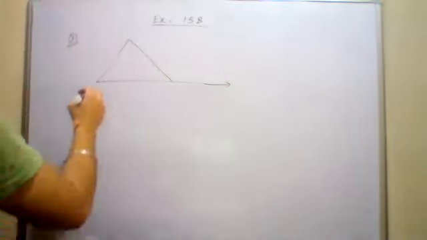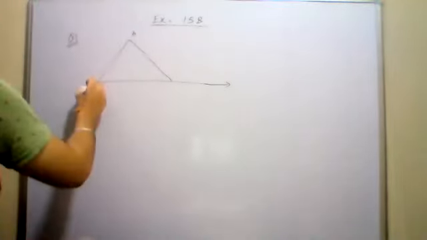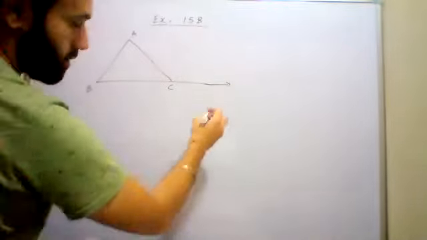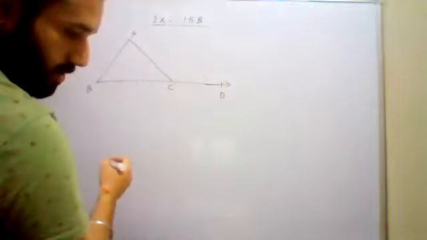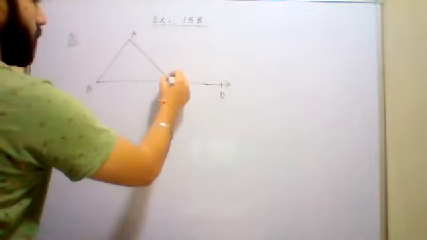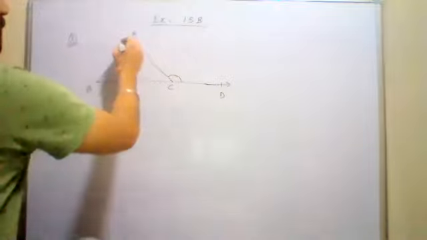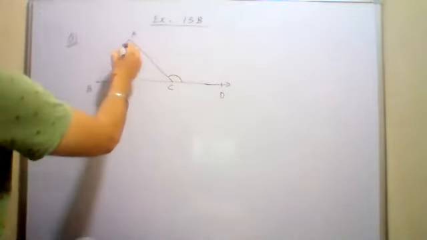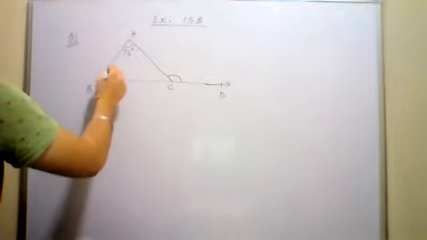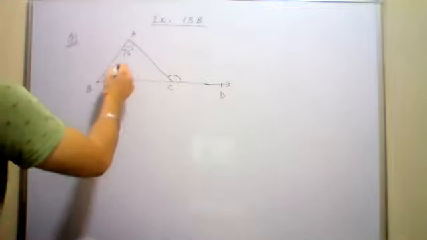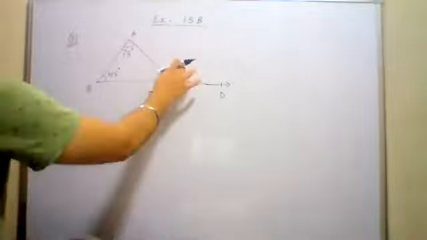Triangle is ABC and this is D. Very simple question, very similar to the one I asked you just now. You have to find the measure of angle ACD. This angle is given 75 degrees. This is given 45 degrees. What is the measure of angle ACD? You have to find this.